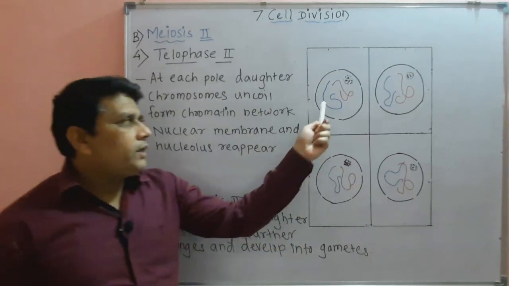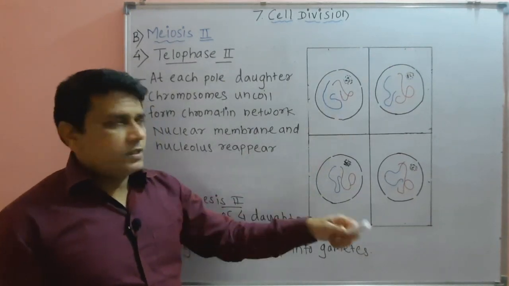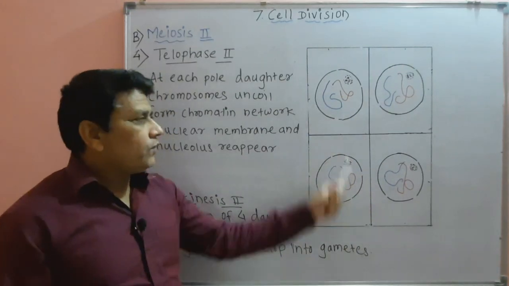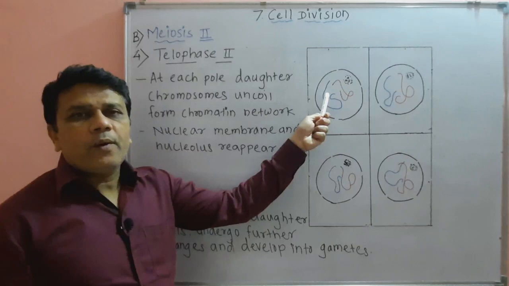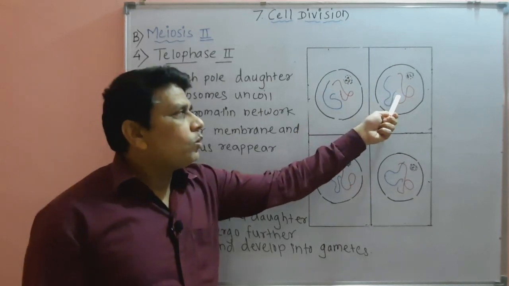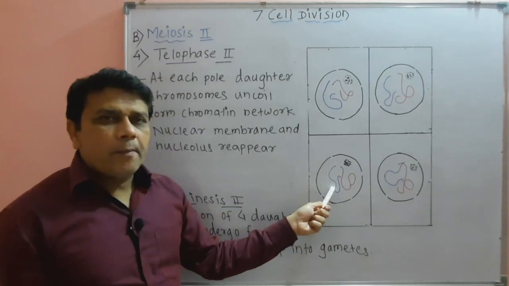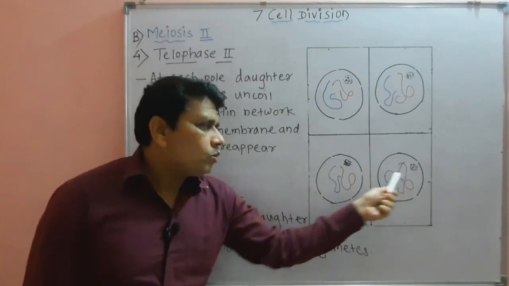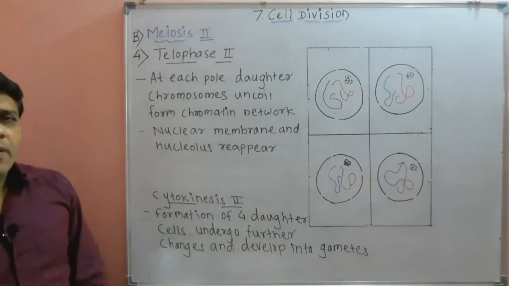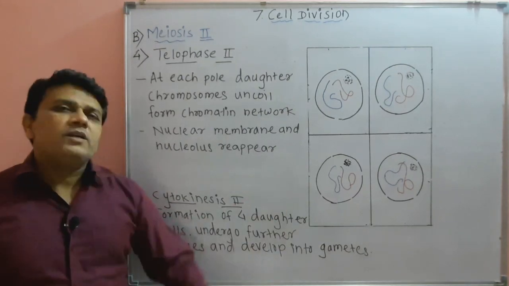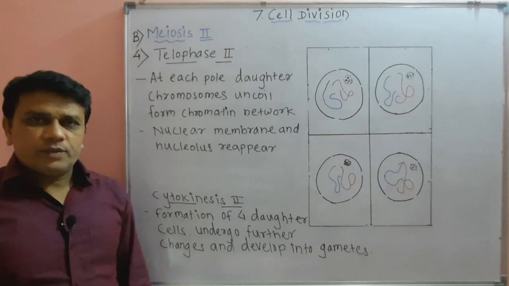From each haploid nucleus two daughter nuclei are produced. Here we can see from one haploid nucleus two daughter nuclei are produced. Here again from one haploid nucleus two daughter haploid nuclei are formed. So this stage is called telophase.